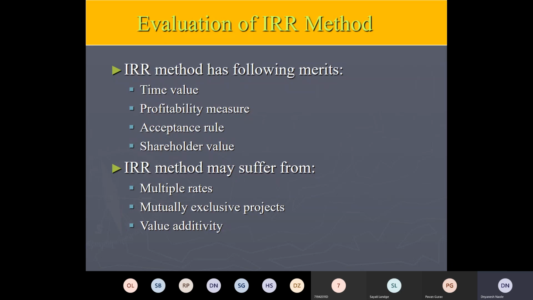Multiple rates means different projects may show different rates between different periods. Then mutually exclusive projects: it may also fail to indicate a correct choice between mutually exclusive projects under certain situations. This was also a limitation in the case of NPV.